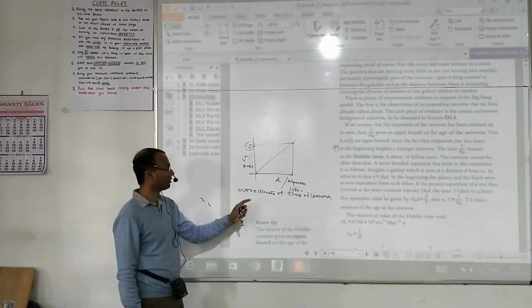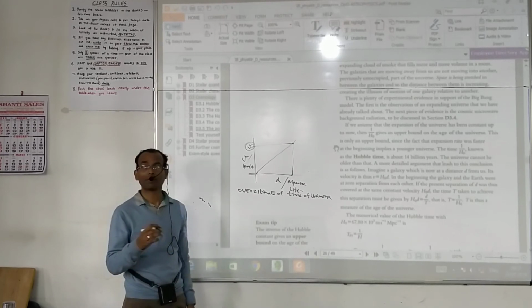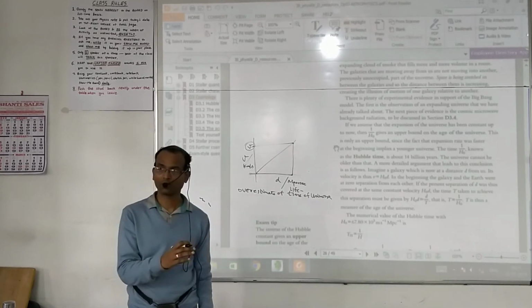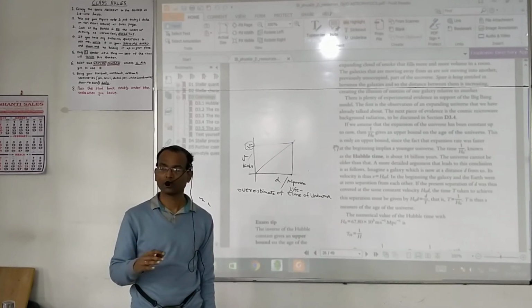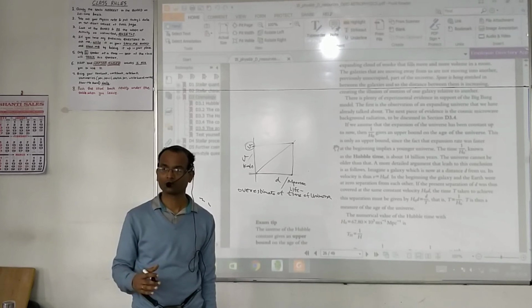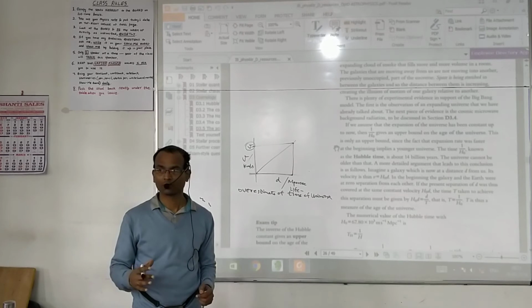Actually we know that the universe expanded at a much greater rate in the beginning stage of the creation, and then it has slowed down. The rate at which the universe is accelerating has slowed down. So that means initially it was expanding at a much greater rate.